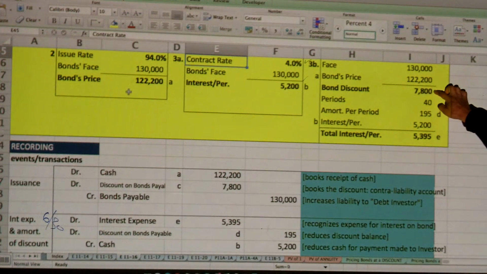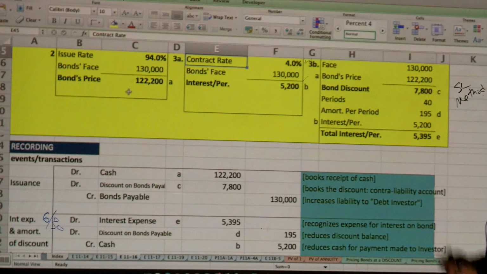The discount. A portion of this full discount amount, we recognize each period. And so we use a very simplified method called the straight line method instead of the effective interest method. That's a more accurate and more interesting method, but for now we're using this one.